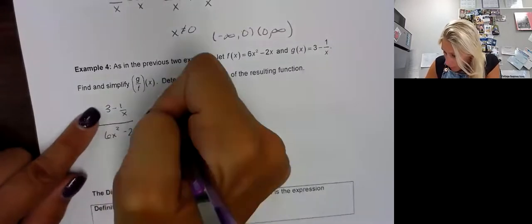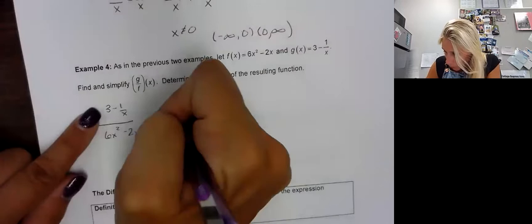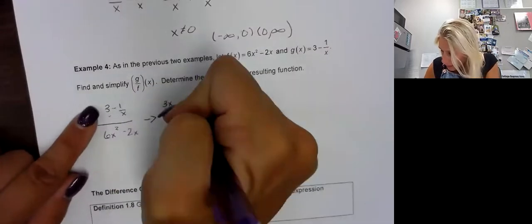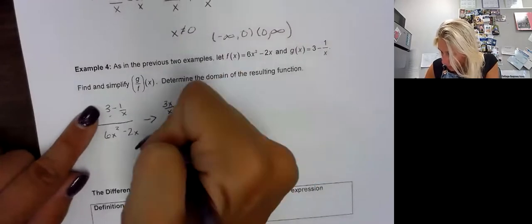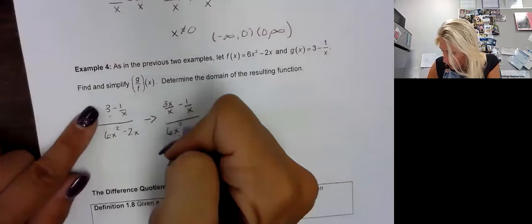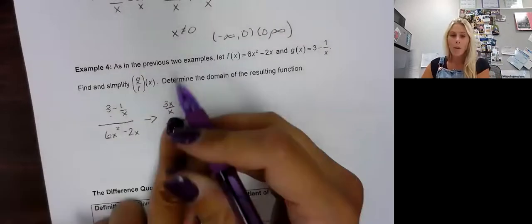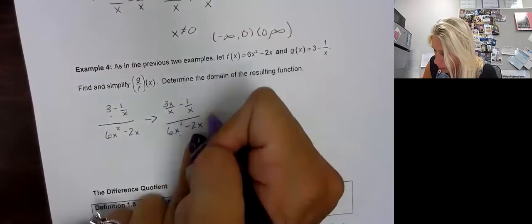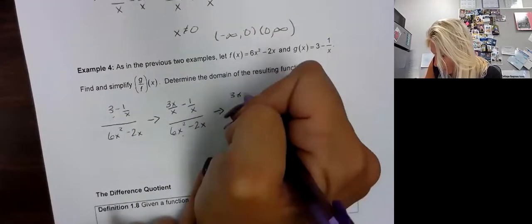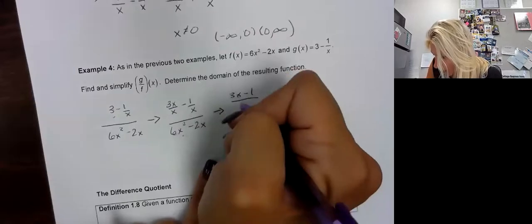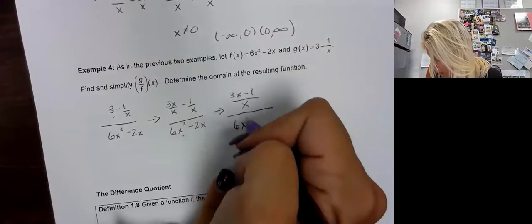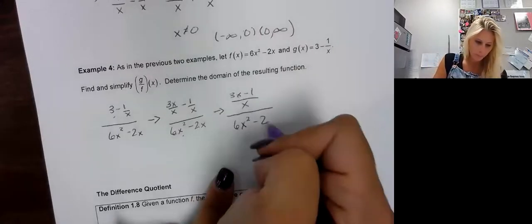So I am going to have 3x over x. So I'm going to multiply it by x over x minus 1 over x all over 6x squared minus 2x. Now that I have a common denominator, I can put it together. So I have 3x minus 1 all over x all over 6x squared minus 2x.